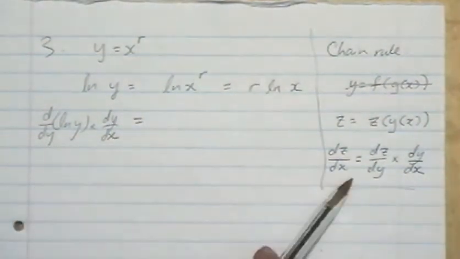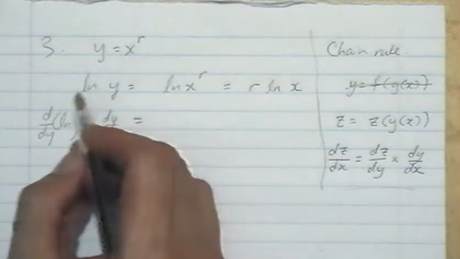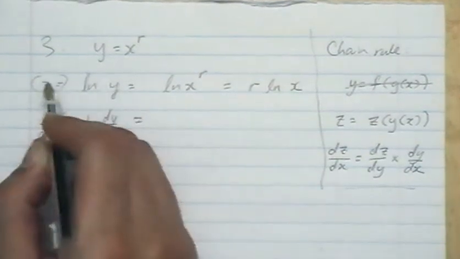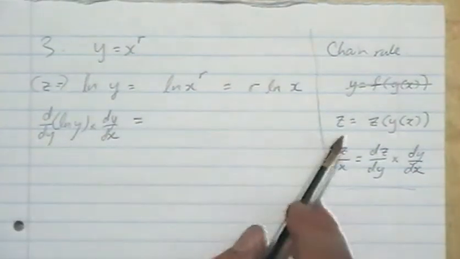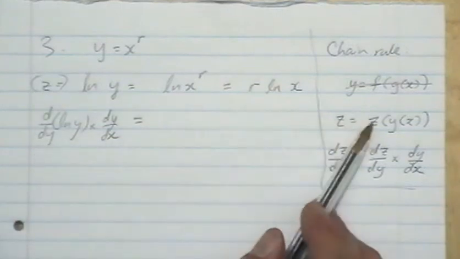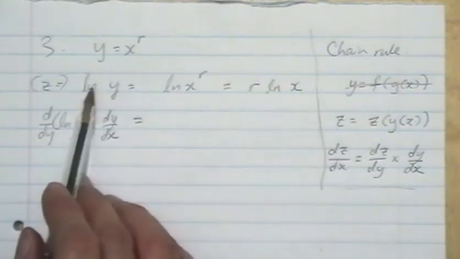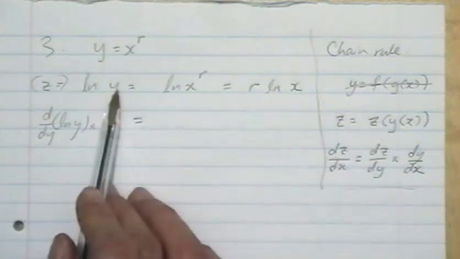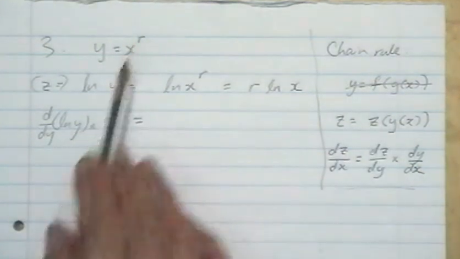So I've just applied the chain rule. This is like the z here. The function here is log of y, and y itself is in turn a function of x given by that.